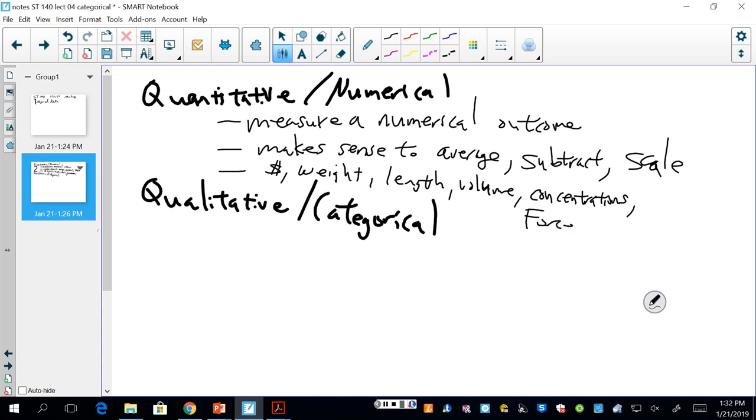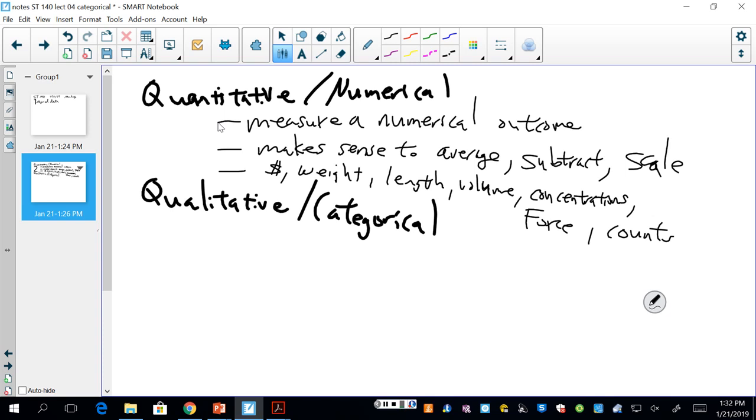There can be different scientific units of measurement on these things. You can do the average force, or the total force applied from different sources. You can also have counts of things, like the number of chickens on a farm, or the number of pigs, and so on. And so it makes sense to multiply those by whatever price you're going to get for them to get a total revenue, and things like that.